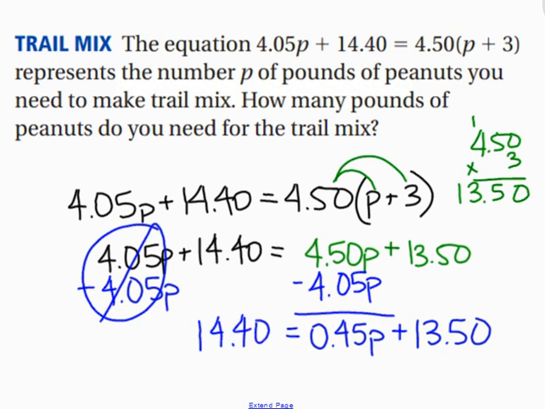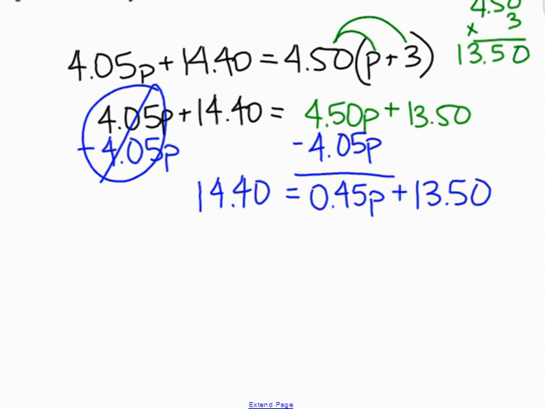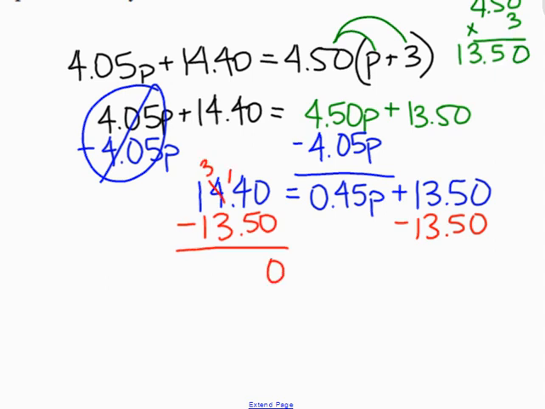Get the constants on one side of the equation now. So subtract 13.50. We'll need to borrow. So we'll get 90 cents equals 45 cents times p. Okay, so think about how many times 45 cents would go into 90 cents, and that'll help you with your division.